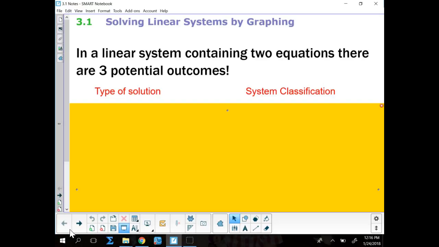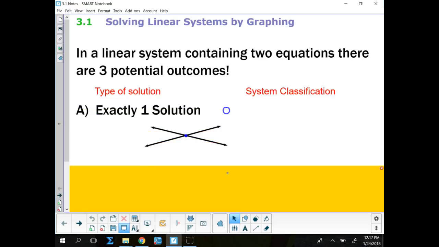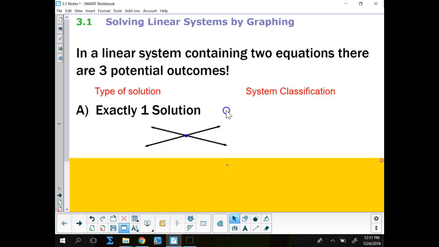There are three potential outcomes. So if I have two straight lines, what are my three potential outcomes? They're going to intersect how many times? Once, right? Okay. So if they intersect once, which means they cross, there would be exactly one possible solution.